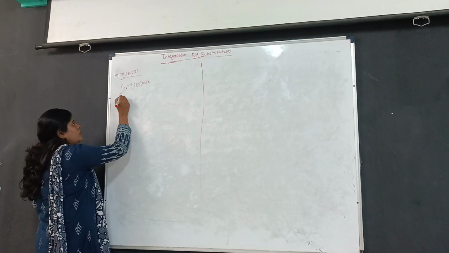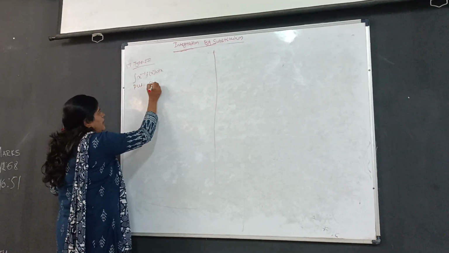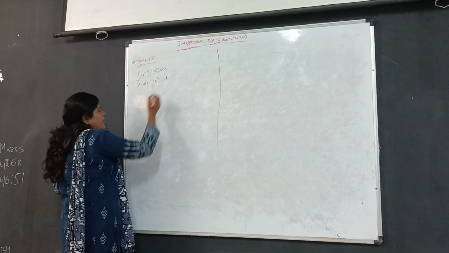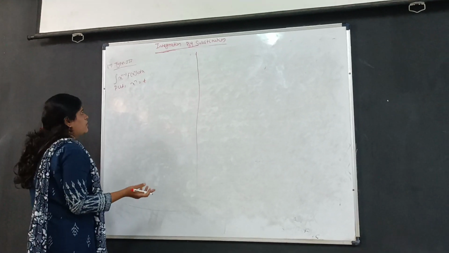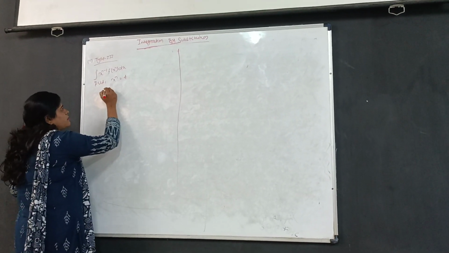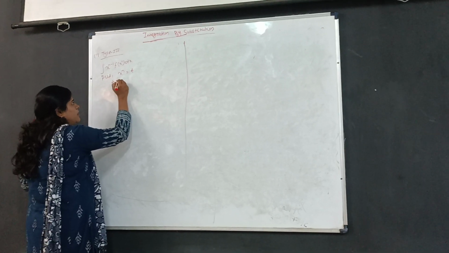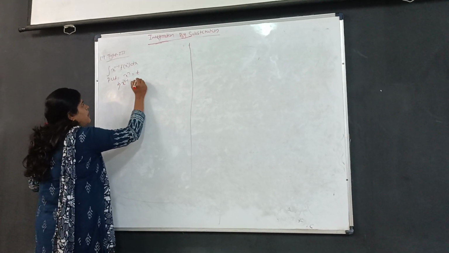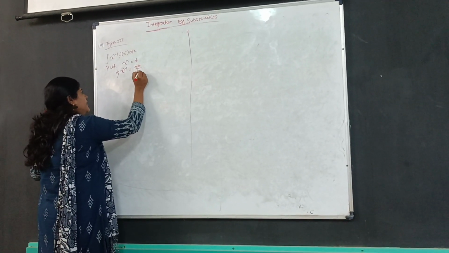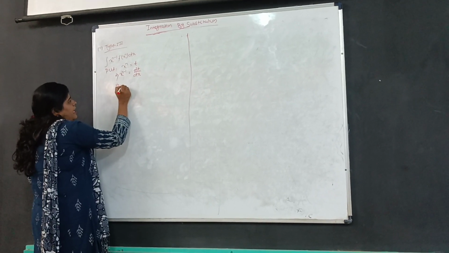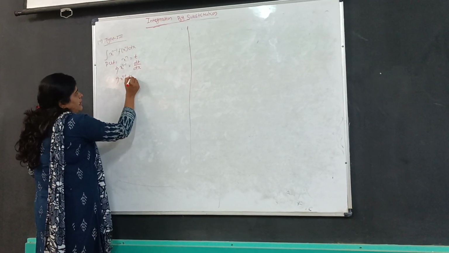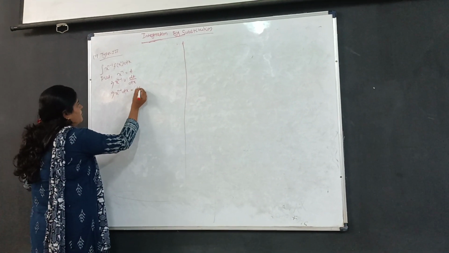So here put x to the power n as t. Using the same procedure, differentiate both sides with respect to x, and you get n x to the power n minus 1 is equal to dt by dx. That implies x to the power n minus 1 dx is equal to dt.